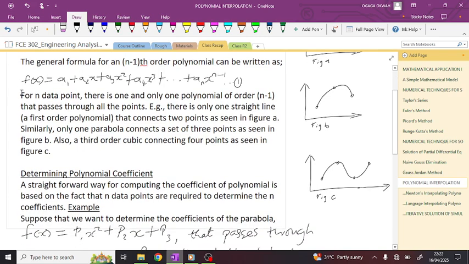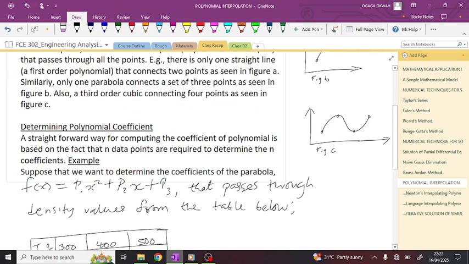So the order of the polynomial connecting the data points is one less than the number of data points. Are we seeing it? So if we have n data points, the order will be n minus 1.